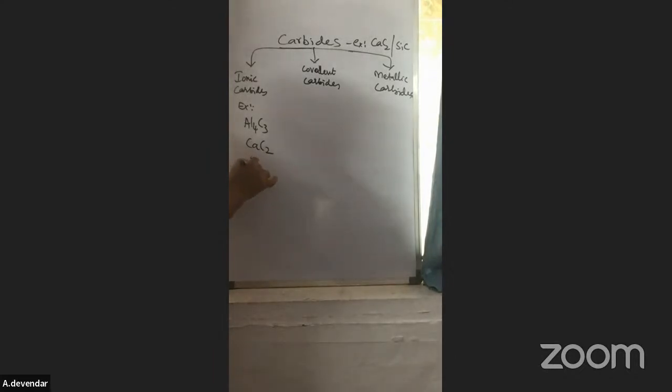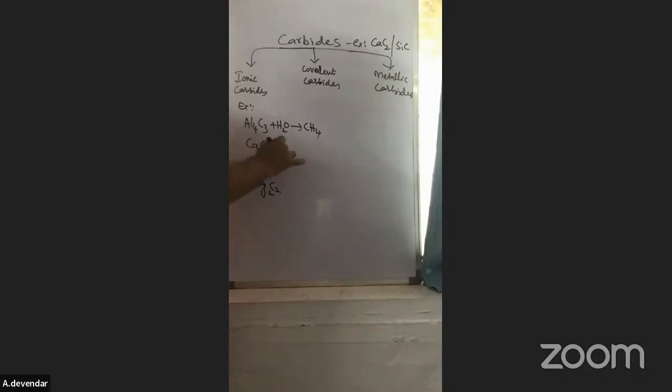All belong to these carbides. Remember a few examples, as that will be helpful. It is nothing but the transfer of electrons. Aluminum carbide: when aluminum carbide is hydrolyzed, you get methane.